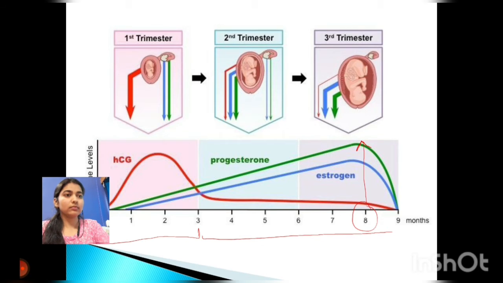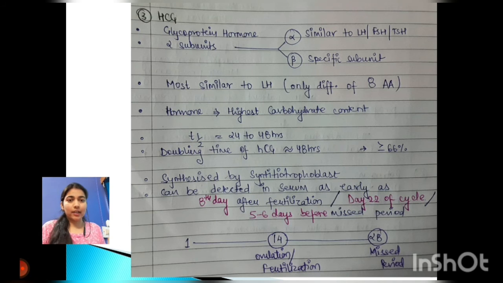So HCG is a glycoprotein similar to LH, FSH, and TSH, and the beta subunit is specific for HCG. It is most similar to LH, with a difference of only 8 amino acids.